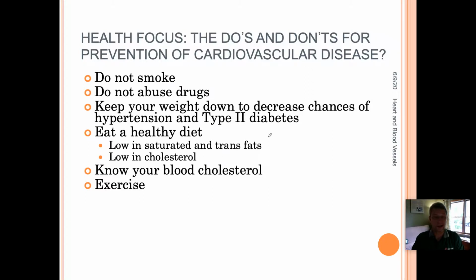Eat a healthy diet, lots of salads and that sort of thing, low in saturated fats, low in trans fats, and low in cholesterol. Know your blood cholesterol level. At your age, you probably have not had a cholesterol test, although you may have. But high cholesterol, especially in middle-aged to older people, can be a damaging thing. And keep up your exercise rate. Be an active person. A couch potato is far more likely to come down with heart disease than somebody who lives an active lifestyle.